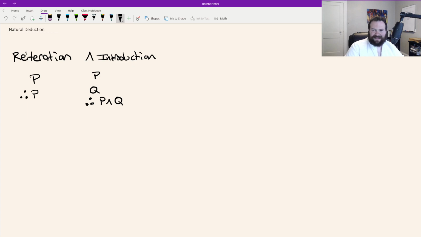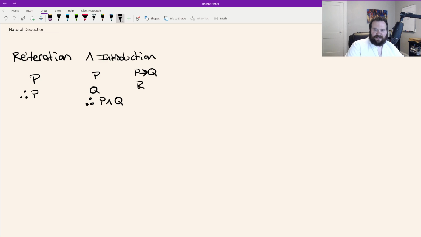Simply put, it says you can combine any two lines together with a conjunction sign, no matter how complicated those lines are. So let's look at a couple examples. Let's give the one we just wrote here, but let's also look at something more complicated.